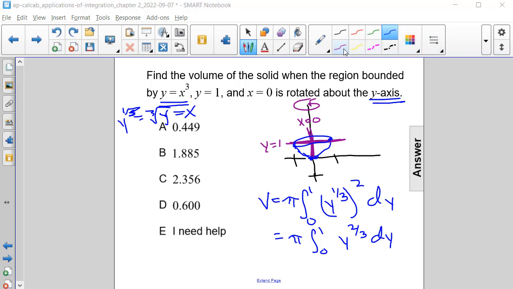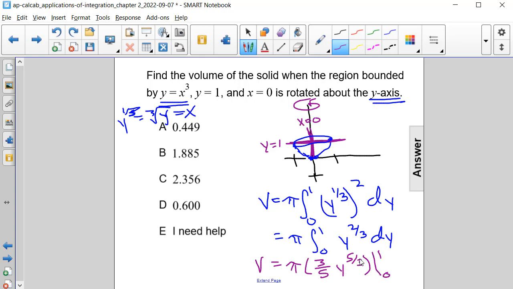And when we integrate, we'll end up having that the volume is equal to pi times the integral of y to the 2/3 power, which is 3/5 times y to the 5/3 power. And we're going to evaluate that from 0 to 1.